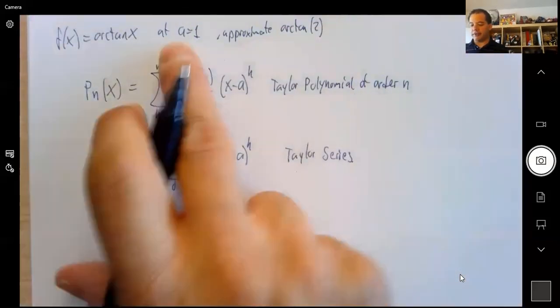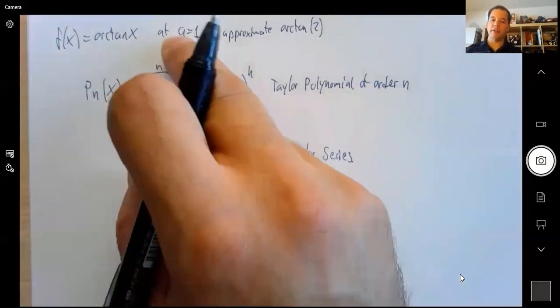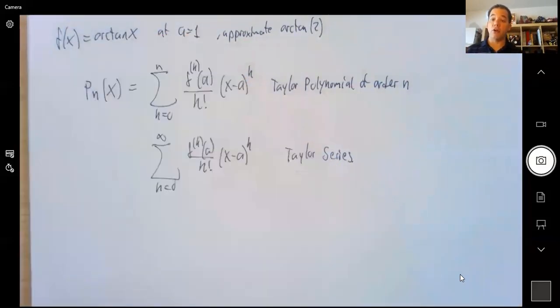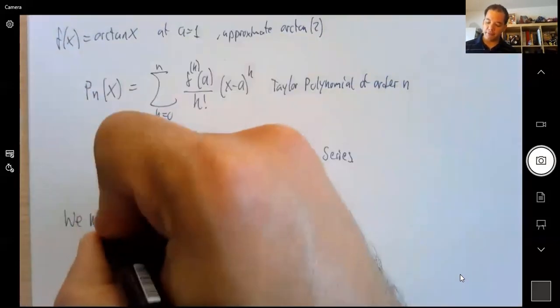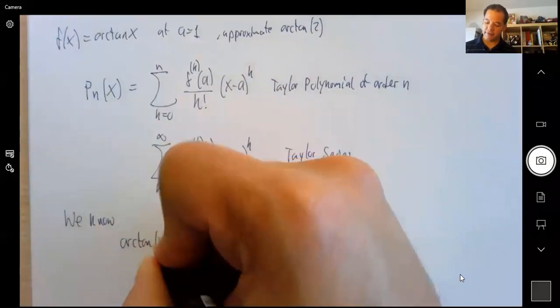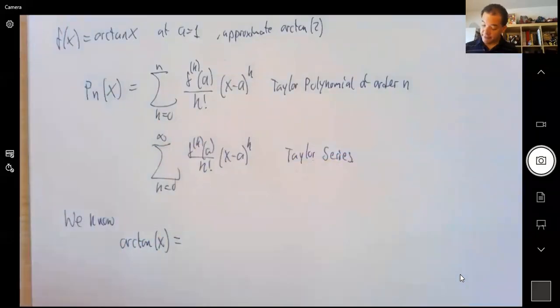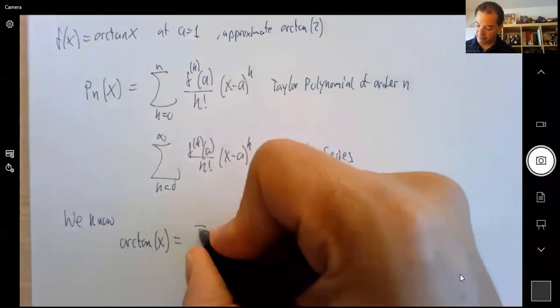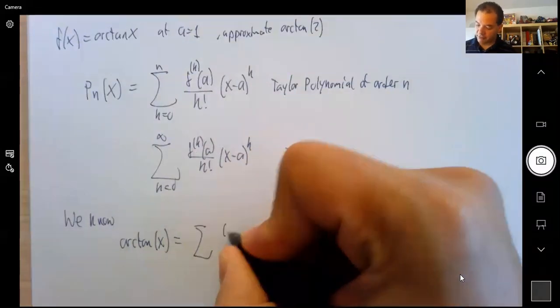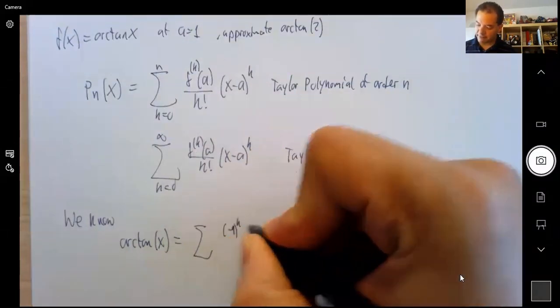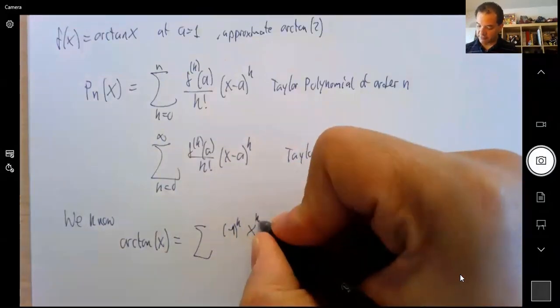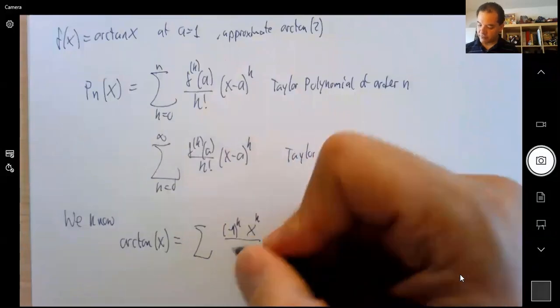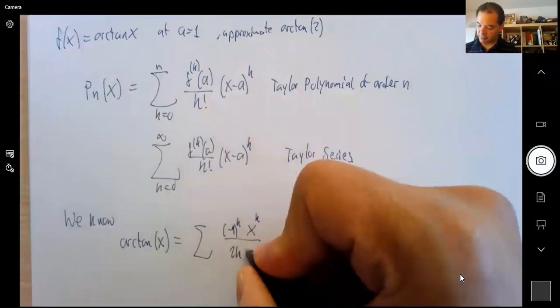Okay, so here the center is 1. So it's tempting to want to use the known power series we know for arctangent. We know this one, that arctangent of x is, in fact, the sum of minus 1 to the k, x to the 2k plus 1, over 2k plus 1.